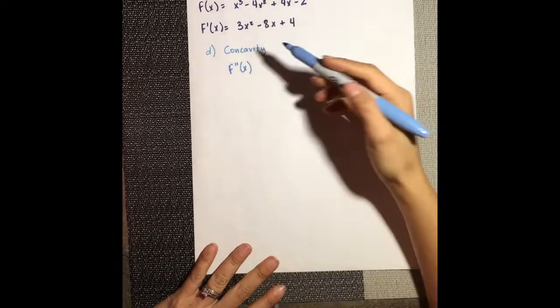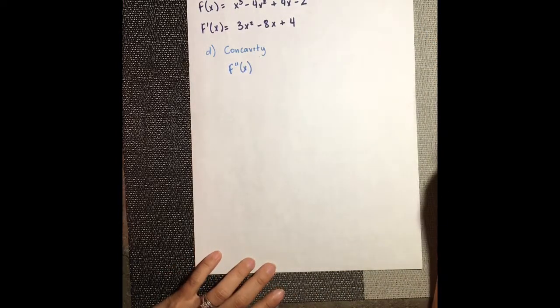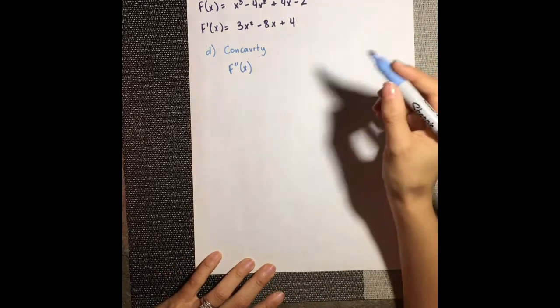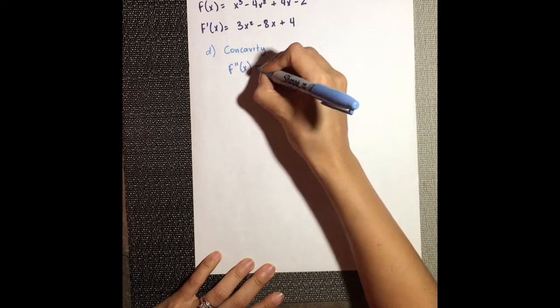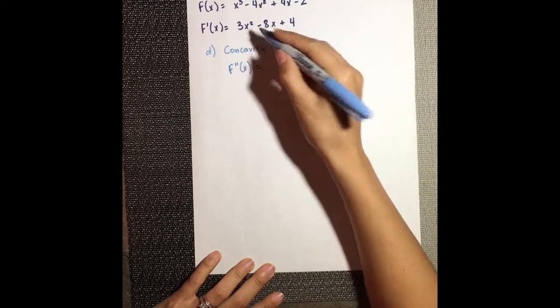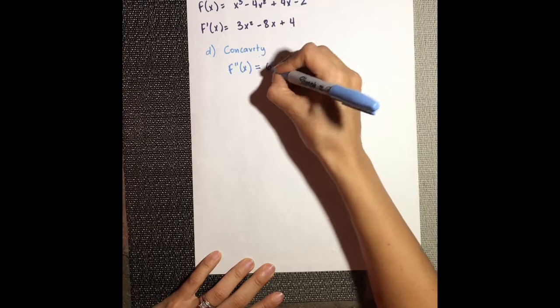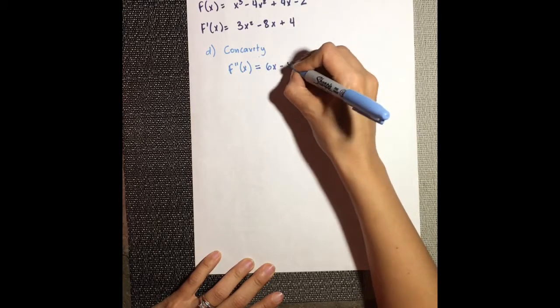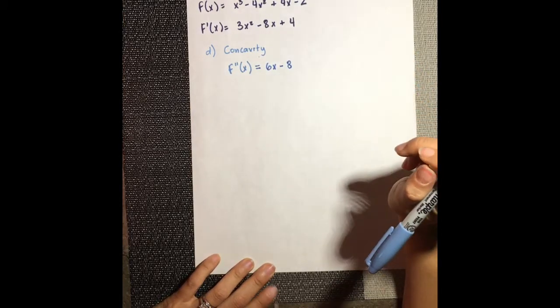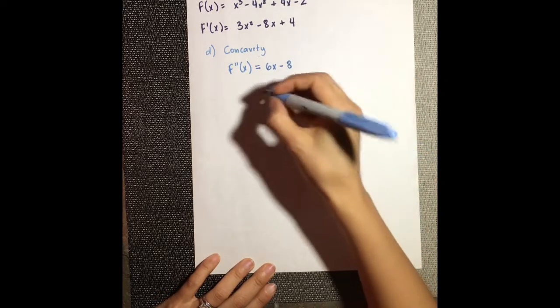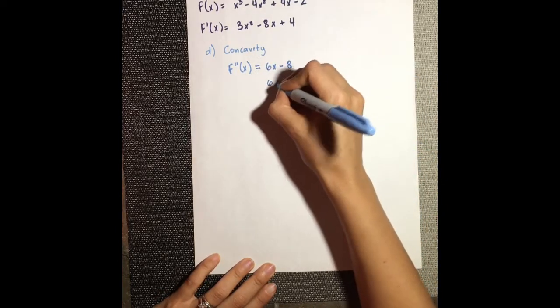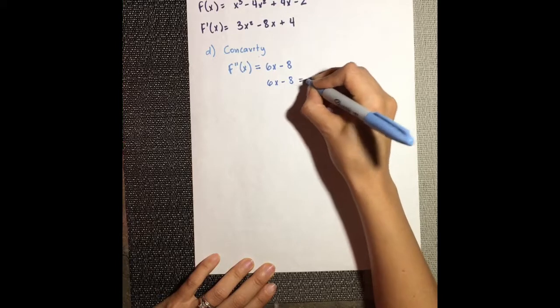Now, our next step is to find the concavity, and the concavity is found with the second derivative. So that's our first step, to obtain the second derivative. So we start from here, and we're going to get 6x minus 8. After we have obtained our second derivative, we're going to make it equal to 0. So 6x minus 8 equal to 0.